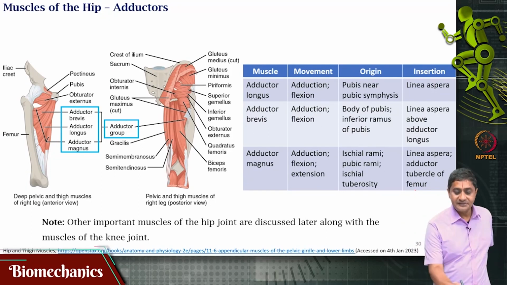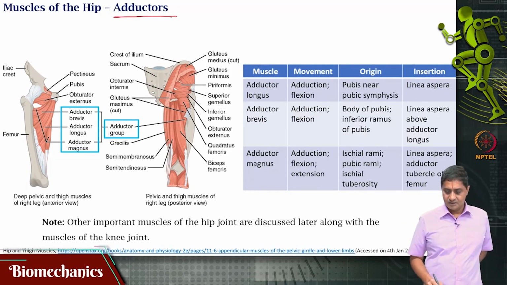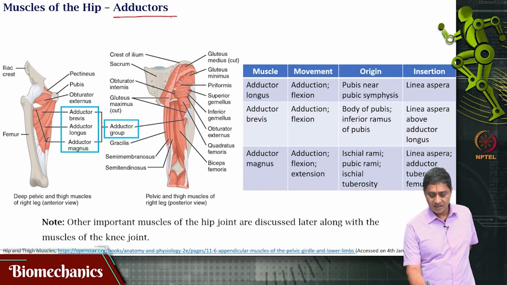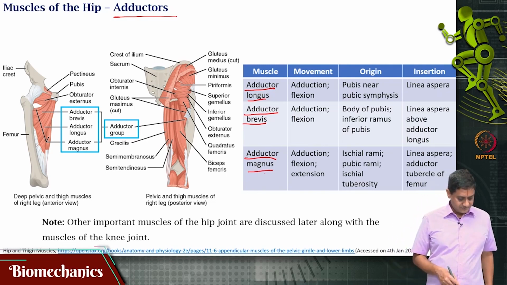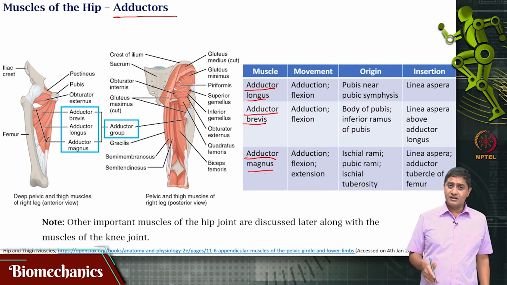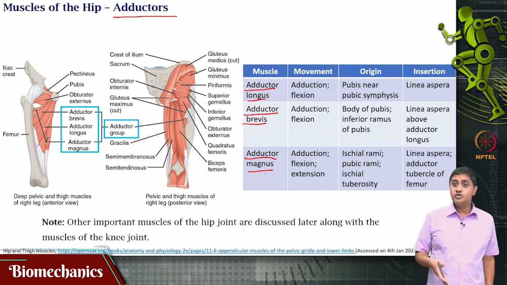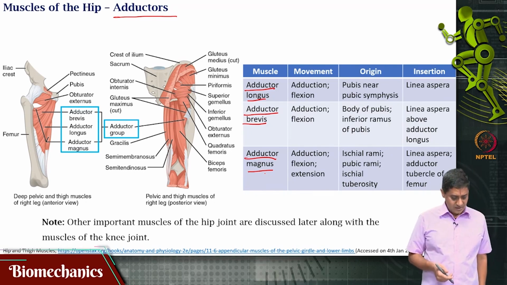There will be some adductors of the thigh, right. These are adductor longus, adductor brevis and adductor magnus. These are the muscles that are responsible for adduction, movement towards the medial side.